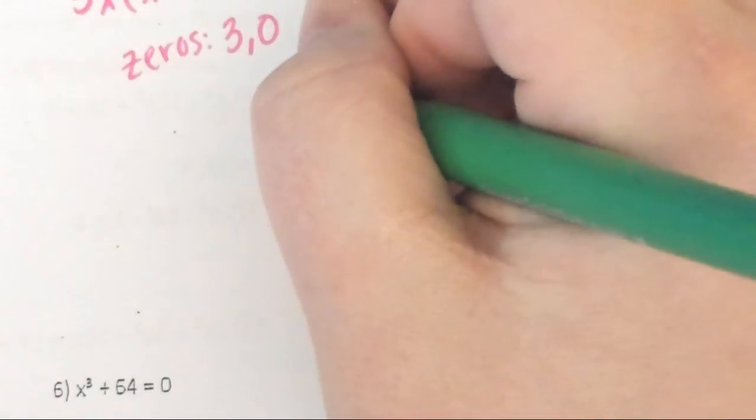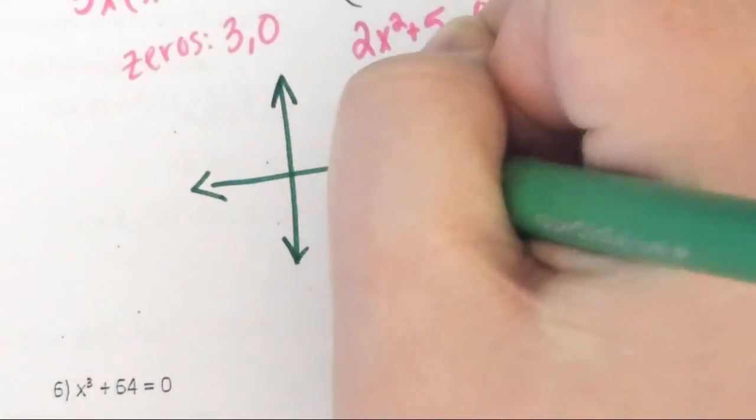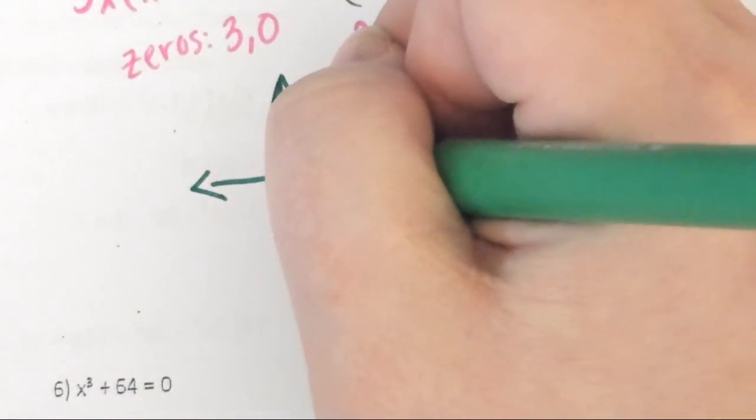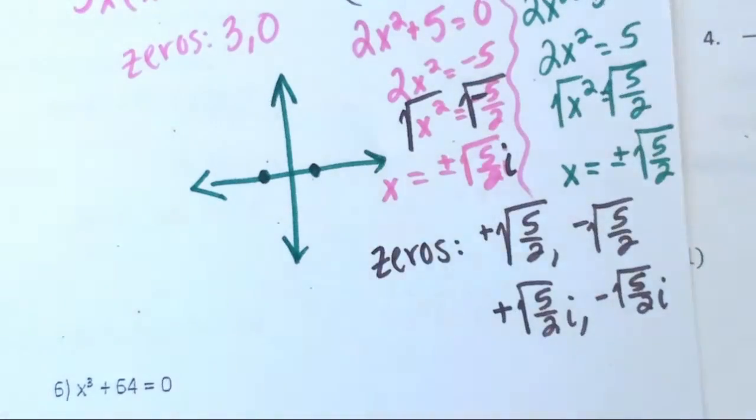When we graph, let's pretend I put positive square root of 5 over 2 over here. Negative square root of 5 over 2 is over here. Where do I put positive square root of 5 over 2 i? Is it on the x-axis? It's not on X, Y, or Z.